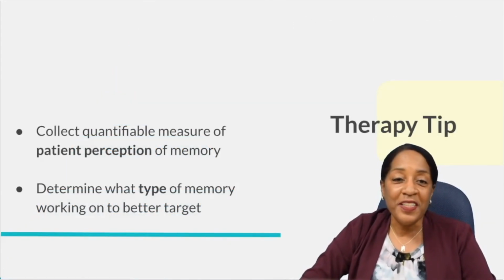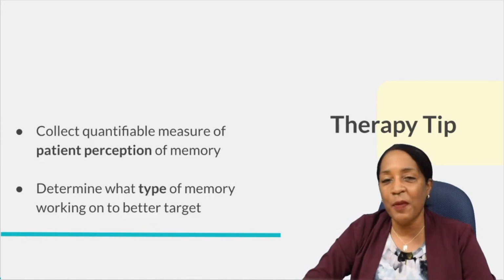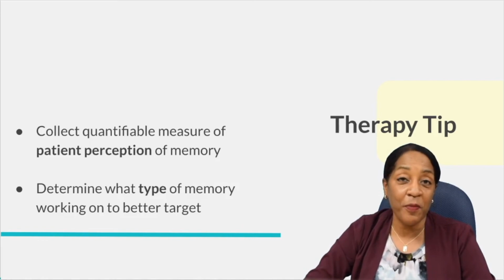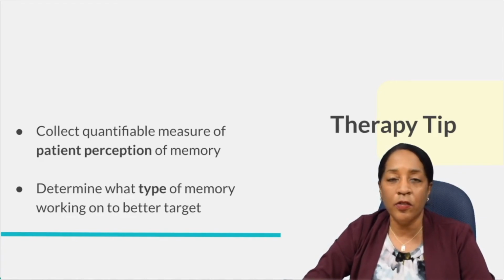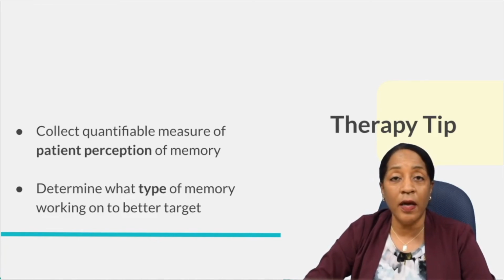And a therapy tip is to collect some type of quantifiable measure of a patient's perception of their memory right in the beginning, so that you do have something to compare it to when you're finished. There are many books that have different simple surveys that you can give the patient to fill out, and you can also have them take it home.